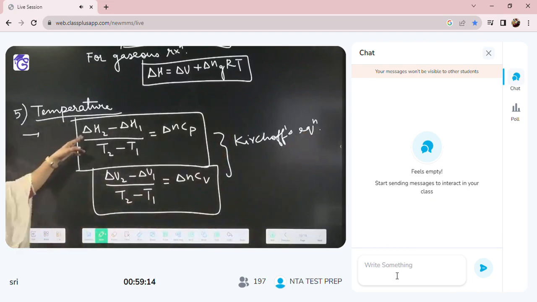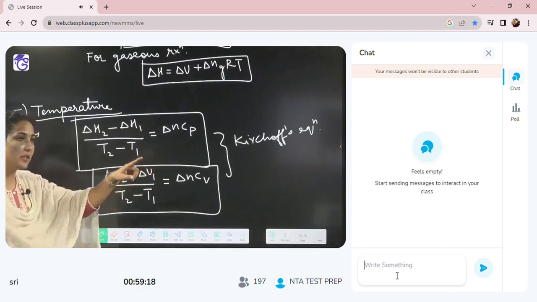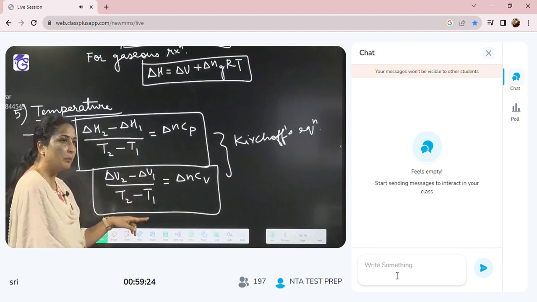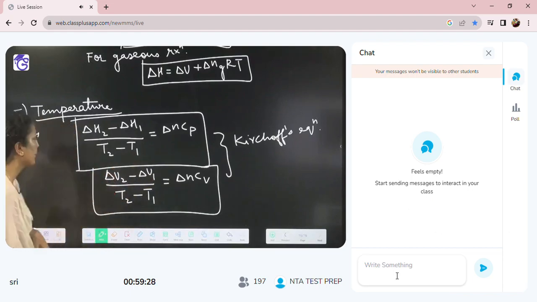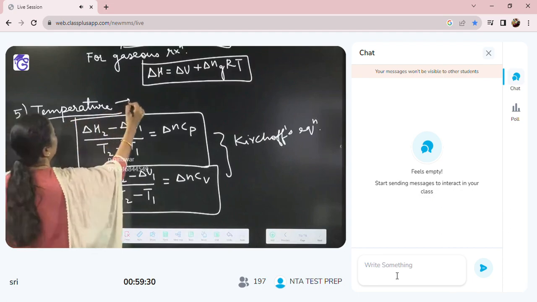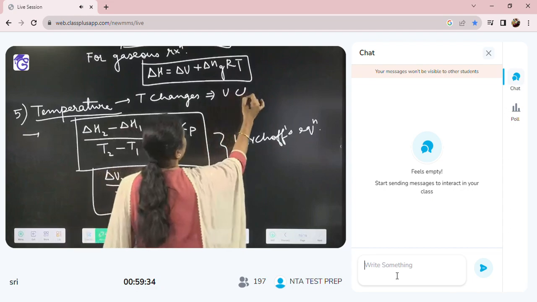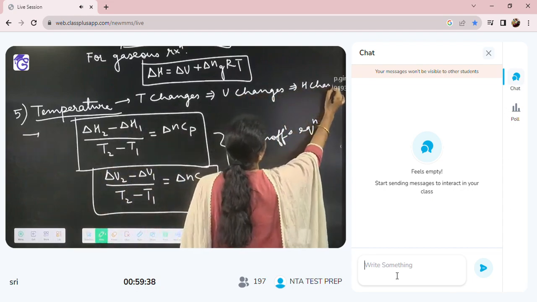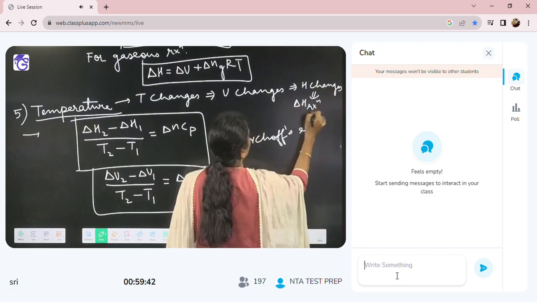Here it is coming from delta H equal to n Cp delta T, delta U equal to n Cv delta T. So delta U1 will be change in internal energy at T1 temperature, and delta U2 will be change in internal energy at T2 temperature. Do remember, if temperature changes, internal energy changes, and because of that enthalpy changes, and hence delta H of reaction changes.